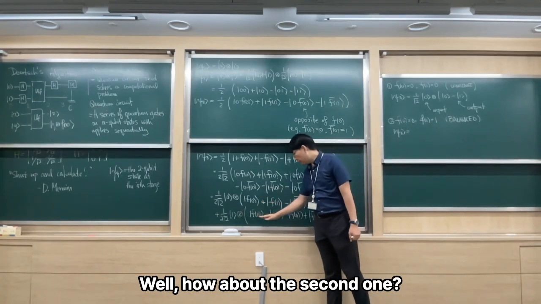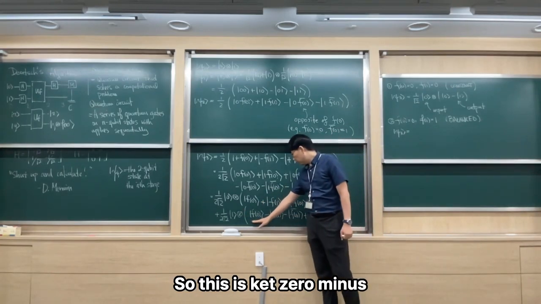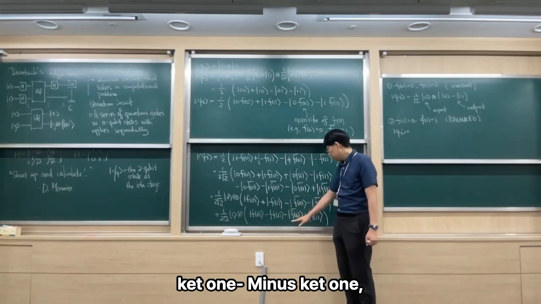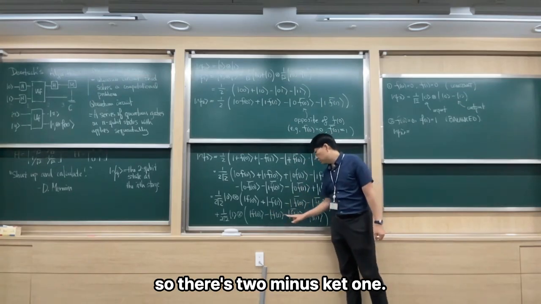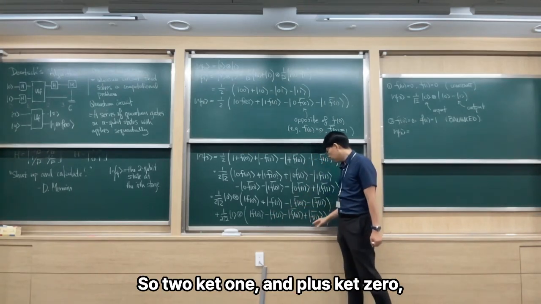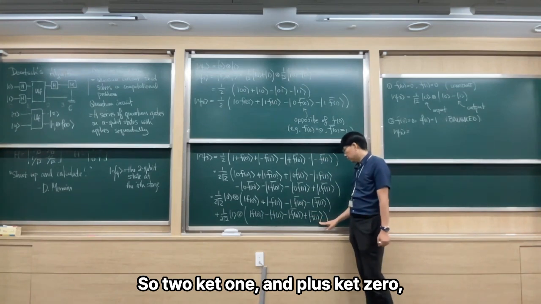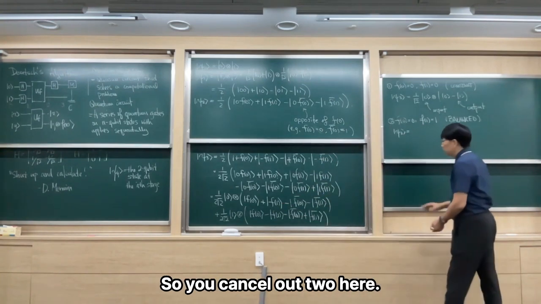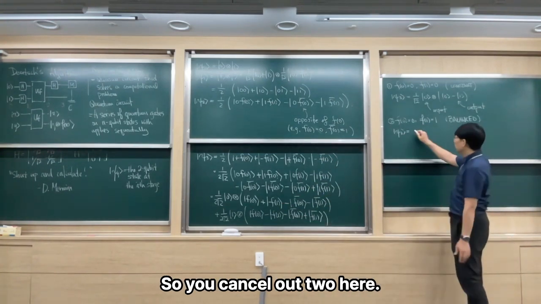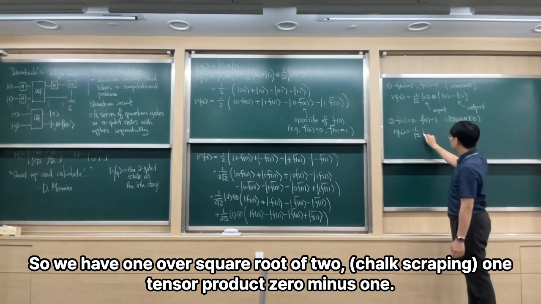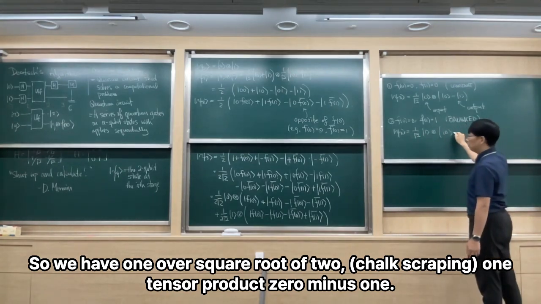But how about the second one? This is |0⟩ minus |1⟩ minus |1⟩, so there's 2 minus |1⟩, so 2 |1⟩, and plus |0⟩, so there are 2 |0⟩. So you cancel out 2 here, and we have 1 over square root of 2, |1⟩ tensor product |0⟩ minus |1⟩.